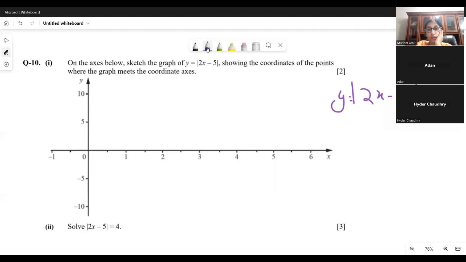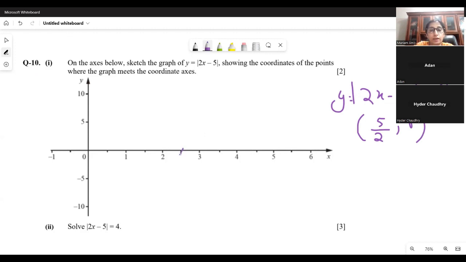So turning point is going to be 5 upon 2 by equating this to 0. When you equate 2x minus 5 to 0, you get x equals 5 over 2, comma, since there's nothing being added to it, so comma 0. This is the turning point, 2.5, comma 0, which is going to be here.